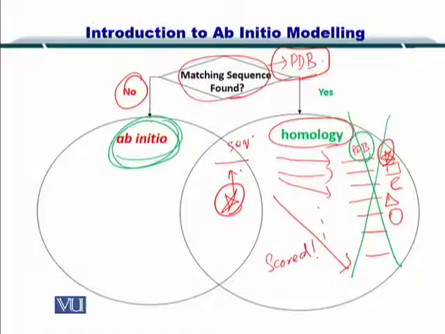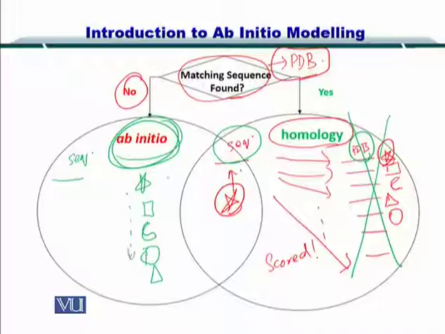In ab initio modeling, you have your same sequence, and you try to fold it into all the possible structures and compute their energy. The one with the minimum energy is selected.